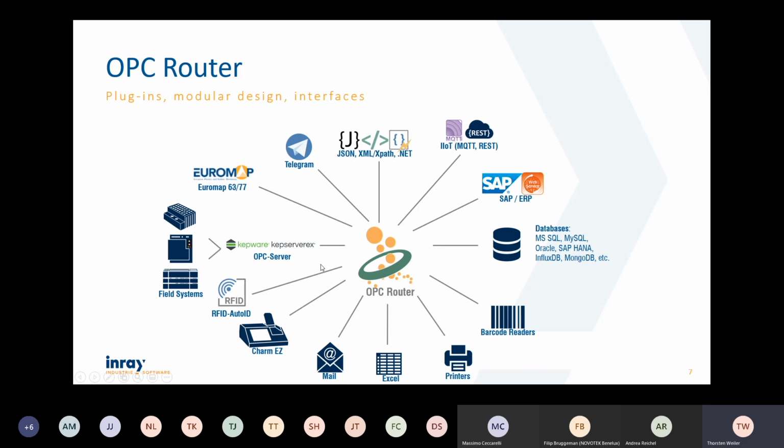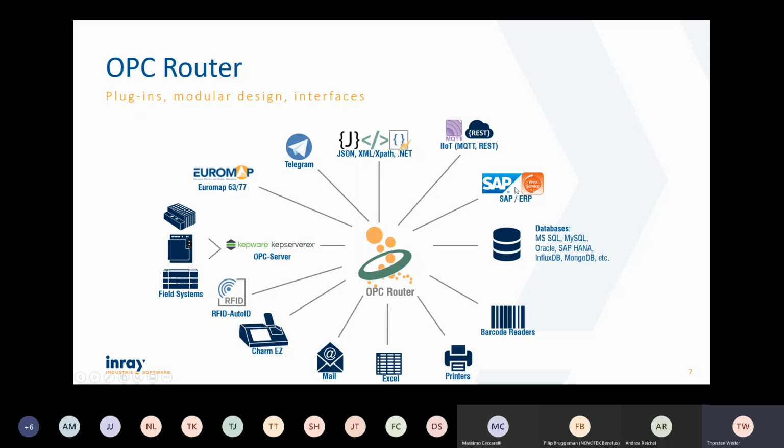And as said, today we will focus on Siemens systems. So we will speak about how to connect to RFID systems from Siemens, how to connect to Siemens PLCs, how to connect to Siemens Mindsphere as a cloud solution, and also to Siemens CNC machines. But in general, you can see you can connect all these systems with each other.